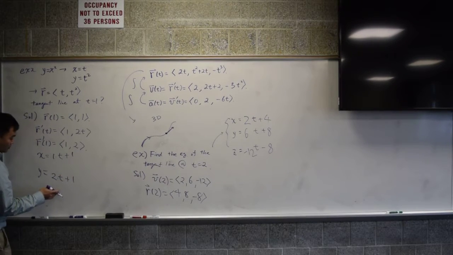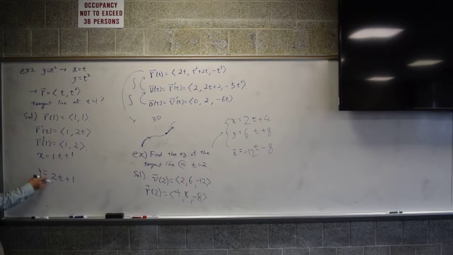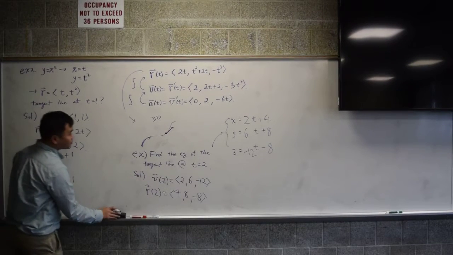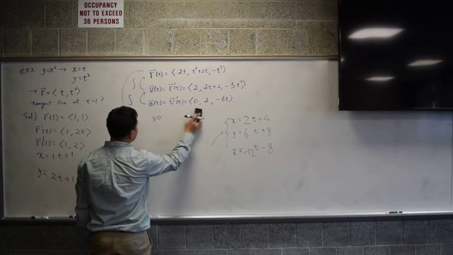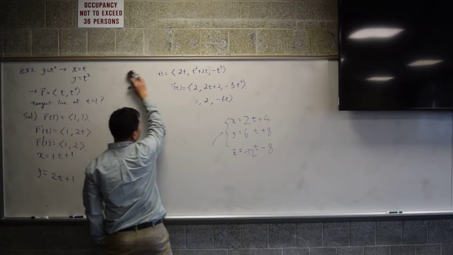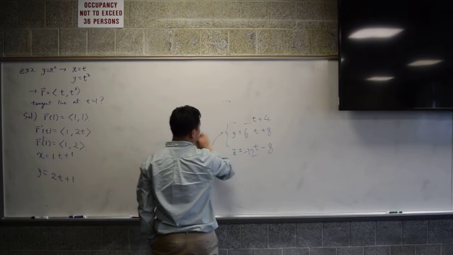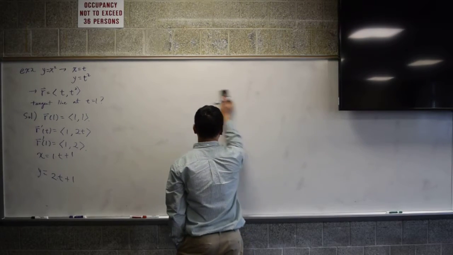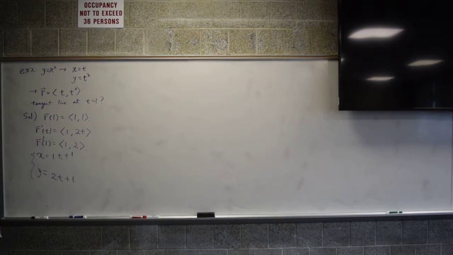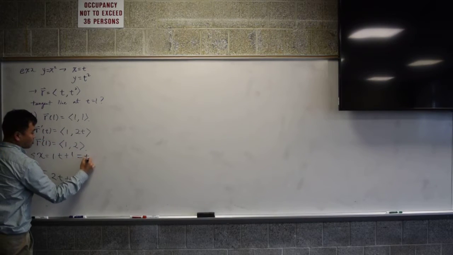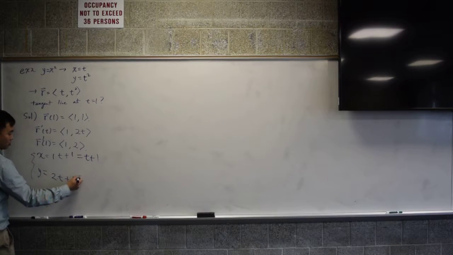You have t plus 1, 2t plus 1. Your answer is simply x equals t plus 1, and y equals 2t plus 1.